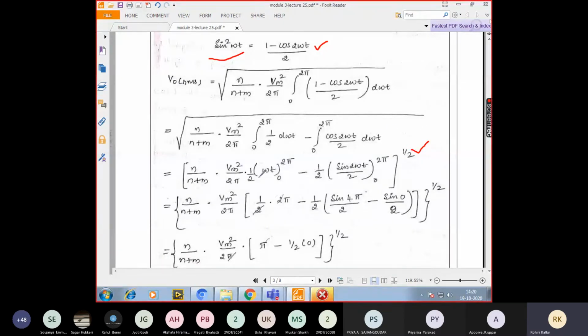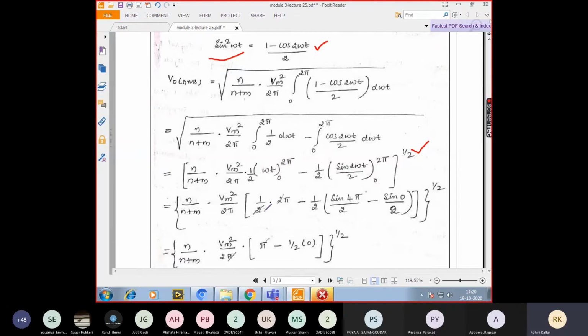Then this remains constant: n by n plus m, Vm square by 2 pi. Then I have 1 by 2, applying the limits of integration. So 1 by 2 into omega t, you substitute 2 pi and then 0. So 2 pi minus 0 is equal to 2 pi.